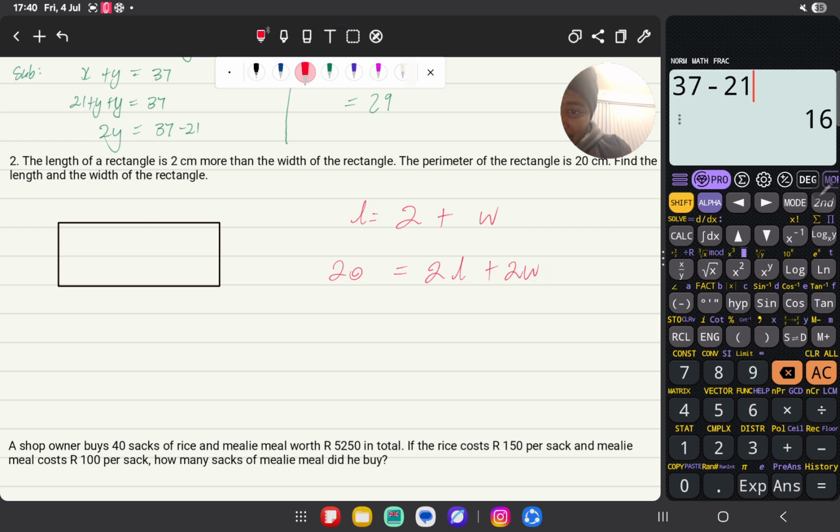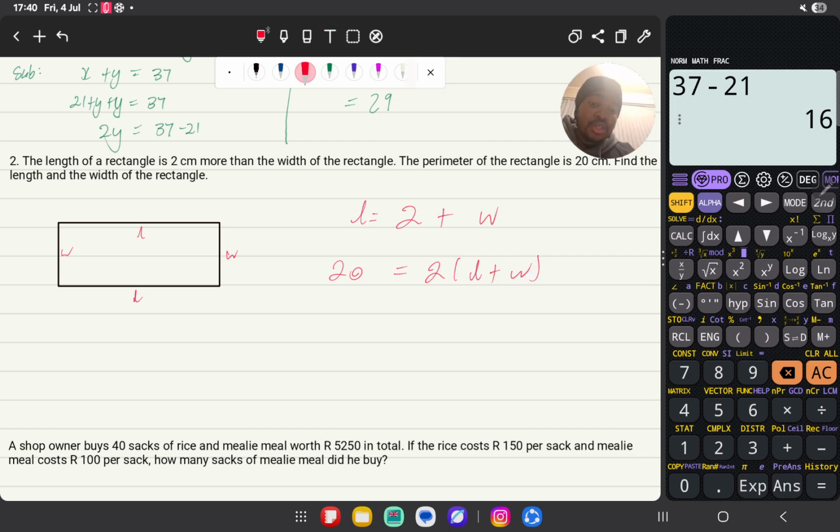We have this length and width. So calculating the perimeter, you would say w plus l plus w plus l. You continue because you have like terms, it's 2l plus 2w, right? So I like it this way. When you factorize this, you have l plus width.